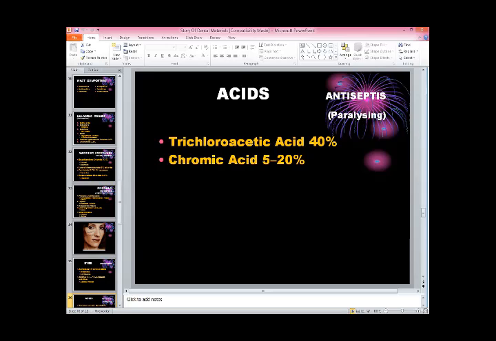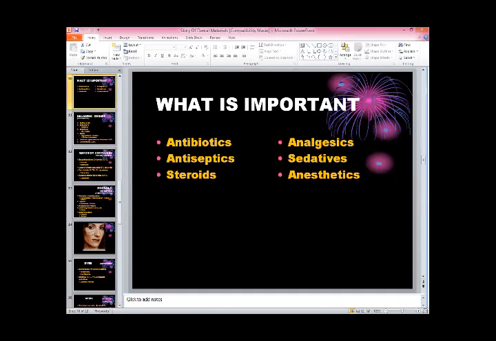And here, as I showed you, sometimes we need analgesics, sedatives, or anesthetics. So these materials are helping us. In one very important area, they are very effective.